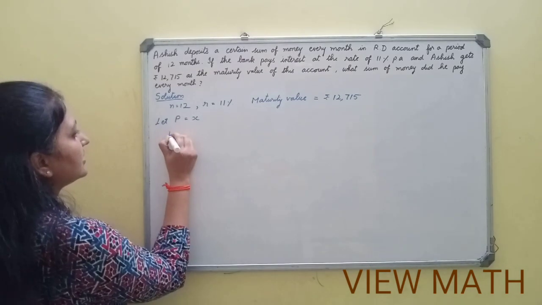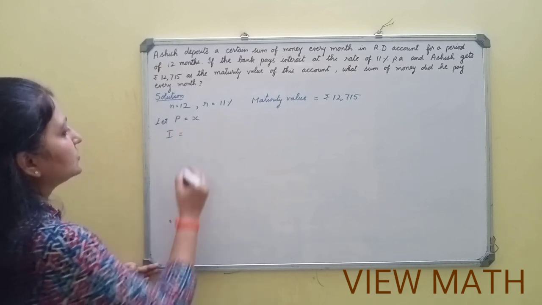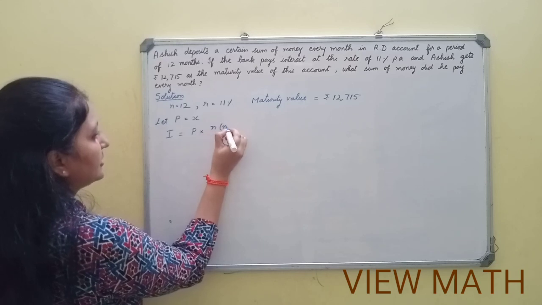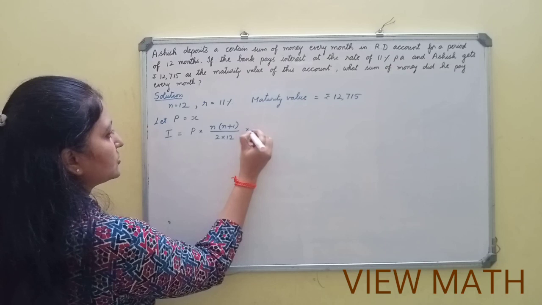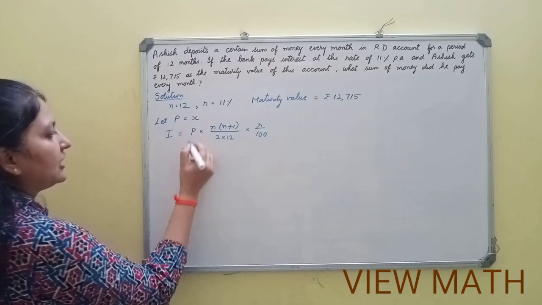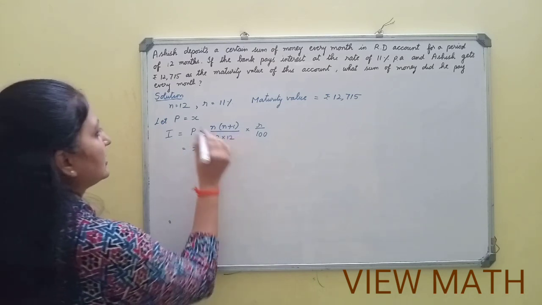Now first let me substitute the same formula, interest. I is equal to P into N plus 1 by 2 into 12 into R by 100. P value I have taken it as X, so let me write X into N plus 1.